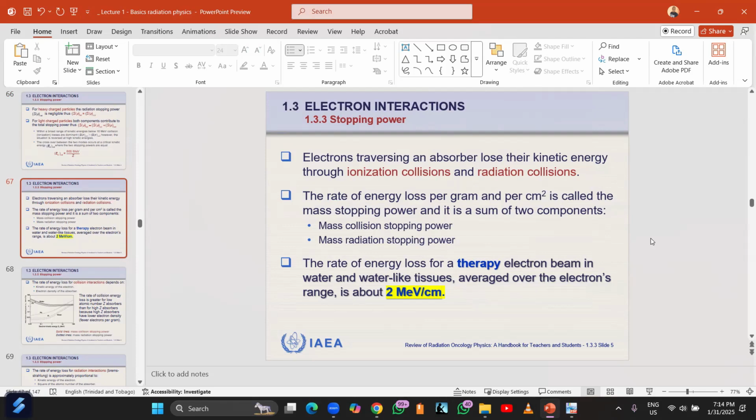You see the distinct characteristics between photons and electrons in terms of how they deposit energy. Electrons deposit most of their energy within about five centimeters or so.